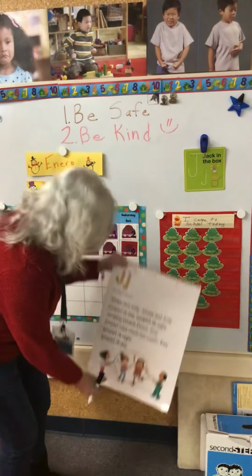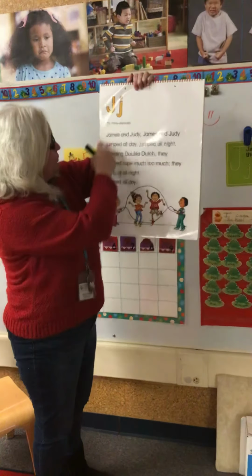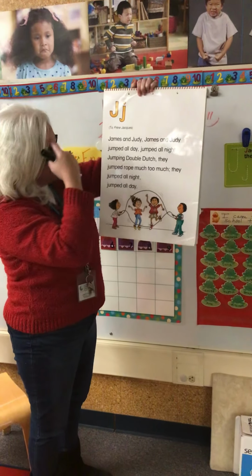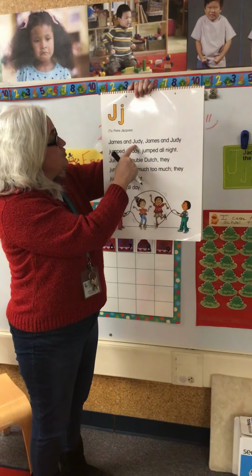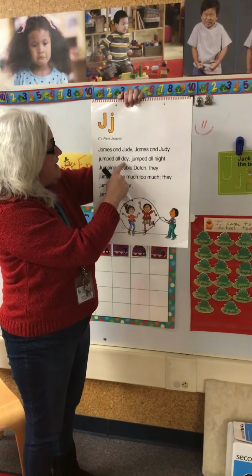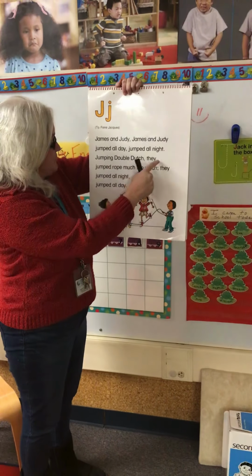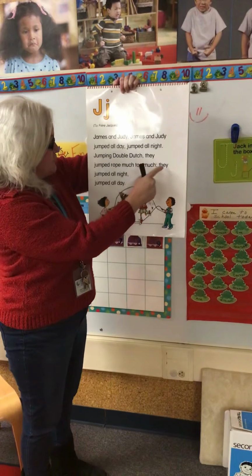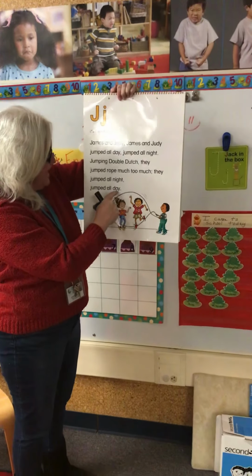I also wanted to show you this for letter J, and it's a little rhyme and chant that we can do, and it goes like this. James and Judy, James and Judy, jumped all day, jumped all night, jumping double dutch, they jumped rope much too much, they jumped all night, jumped all day.